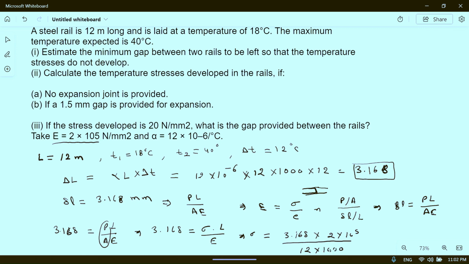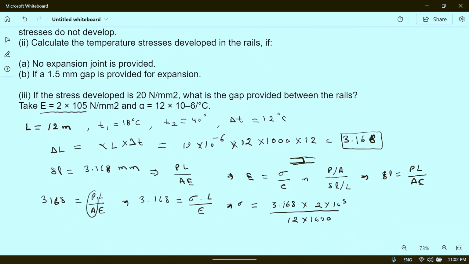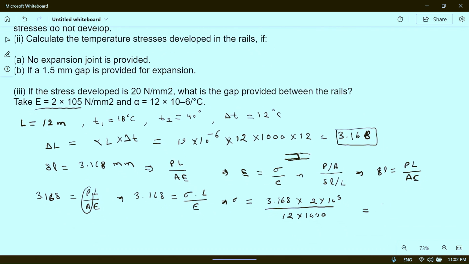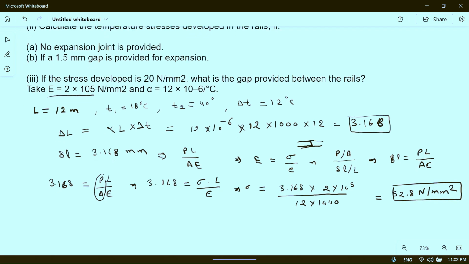We have put all the values in mm. So it will be equal to 52.8 Newton per mm square. So this will be the stress if there is no expansion.